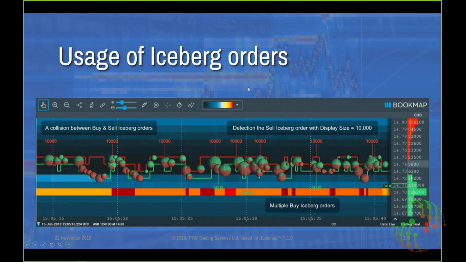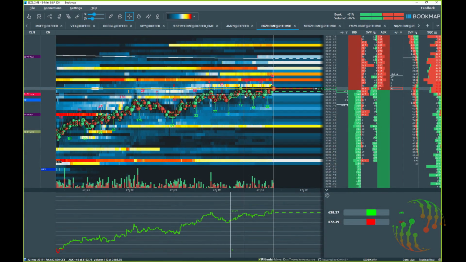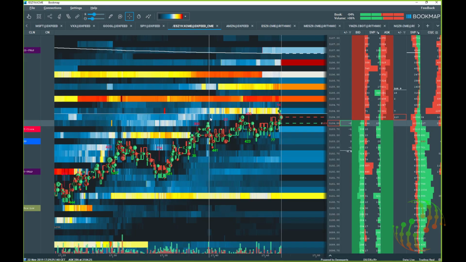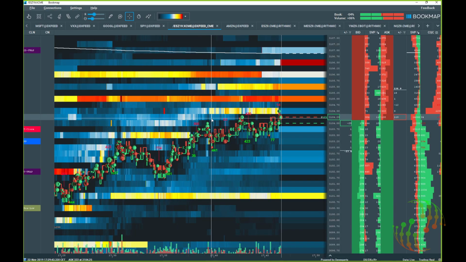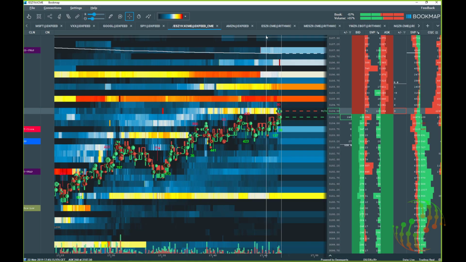You should know about the function of iceberg orders, how they work. From my point of view, it is really hard to spot what is really going on here. And that's maybe the second disadvantage: I have different numbers with Rithmic and different numbers with the DX feed. If you are using other data providers, you will have other numbers as well. So which number is reliable? What is the right number?